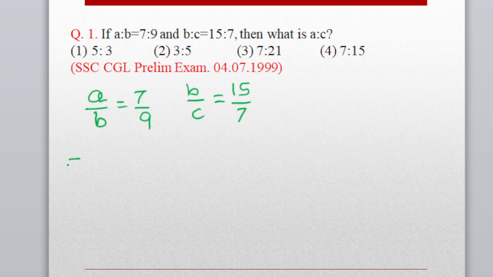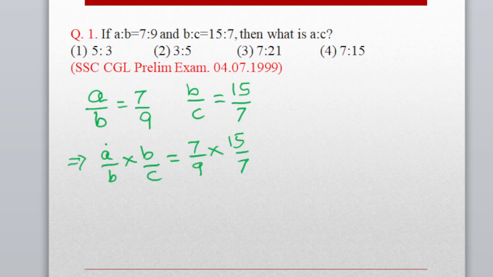So this implies A by B into B by C is equal to 7 by 9 into 15 by 7.